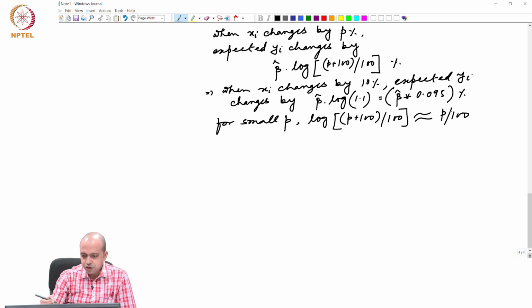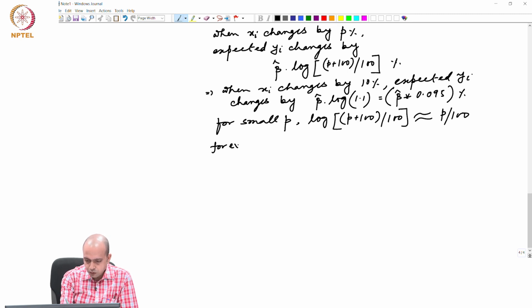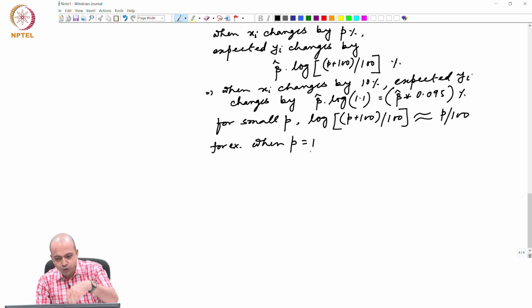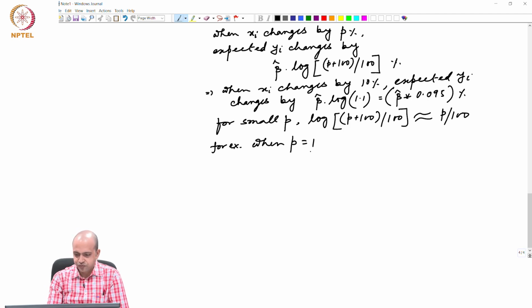For example, when p equals 1, that means there is a 1% change in x.